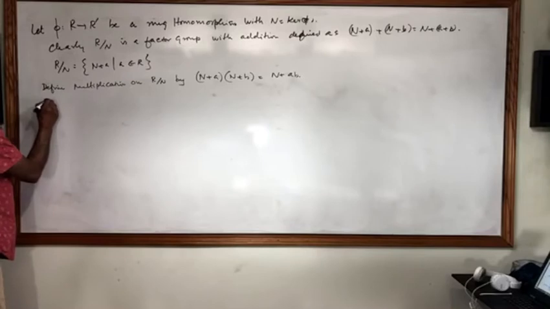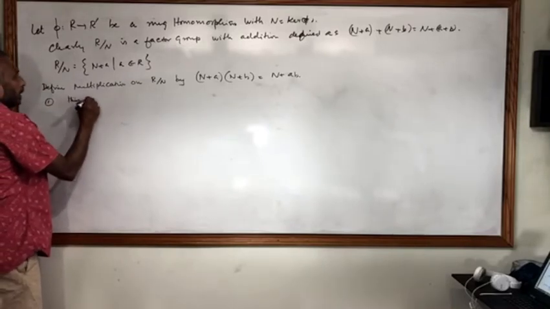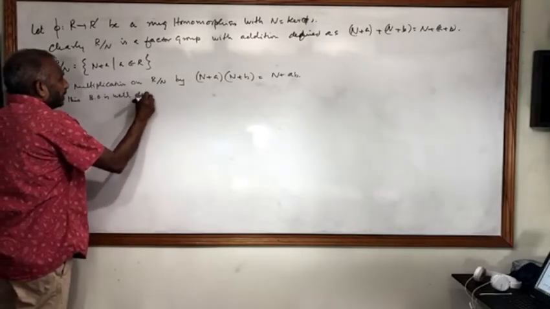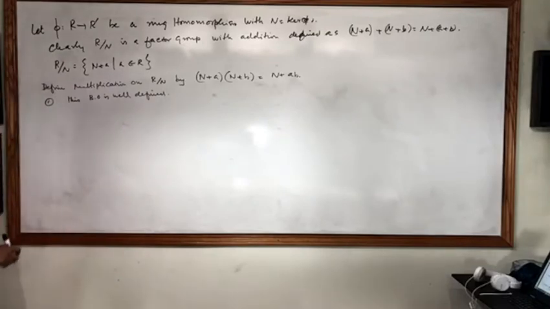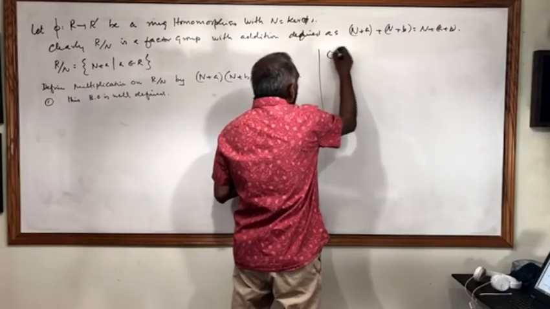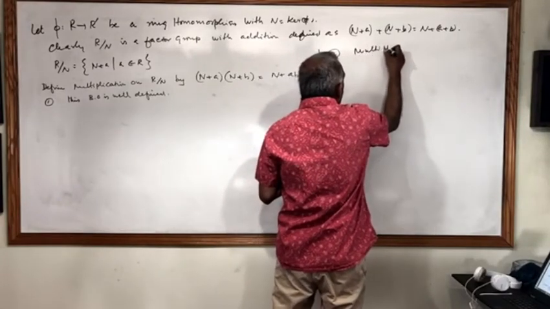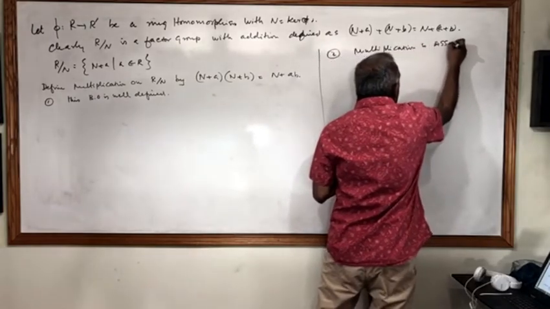Now what we need to prove is that this binary operation is well defined. That is the first part. Then we need to prove that multiplication is associative.